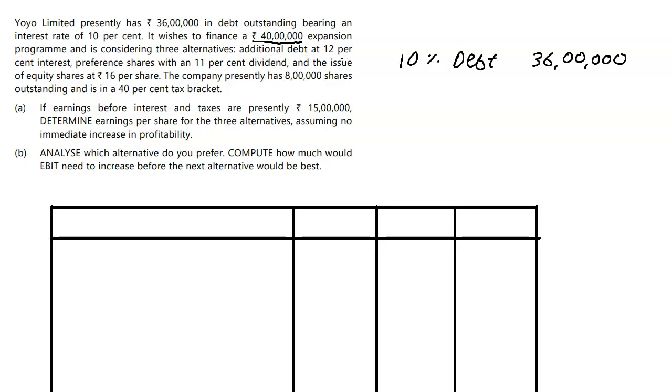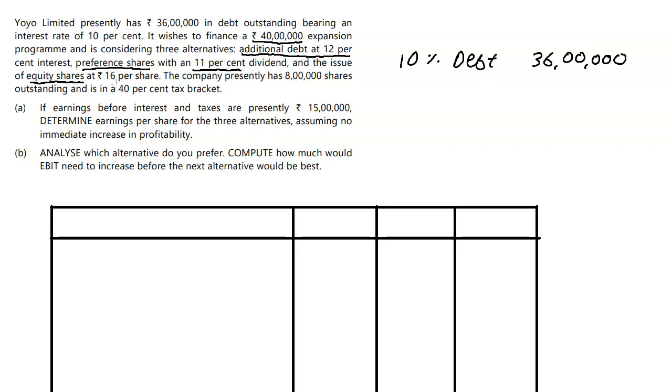Debt at 12% interest. So your first alternative is additional debt at 12%. Remember, this is 10, so we're going to have new debt at 12. Preference shares at 11%, and the issue of equity shares at 16 per share.